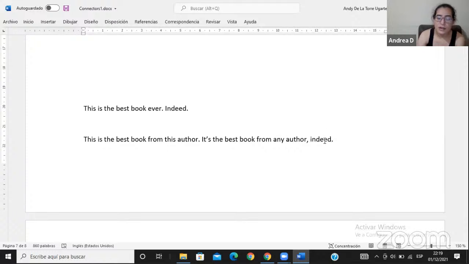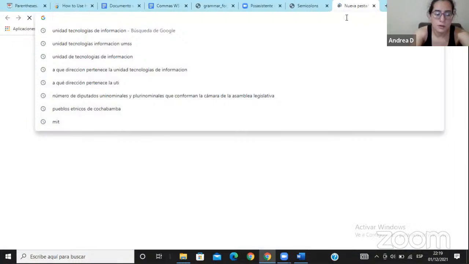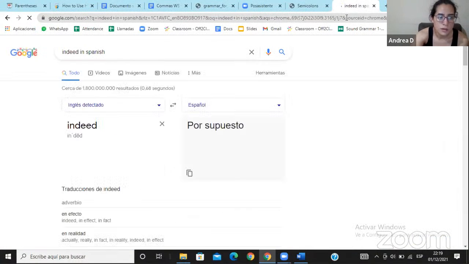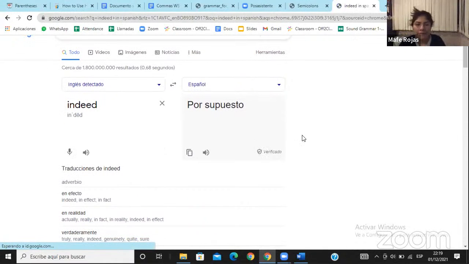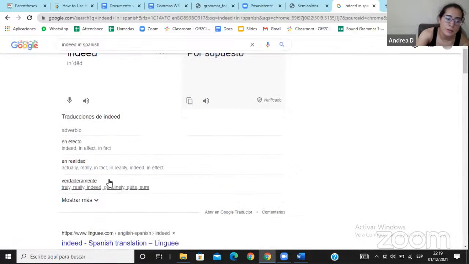So indeed. Let's look up the translation, because I'm not sure what it will be. So, I think en efecto would be more. Or look at this, verdaderamente.